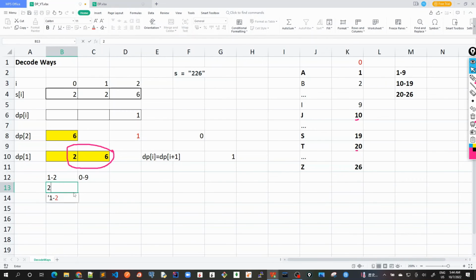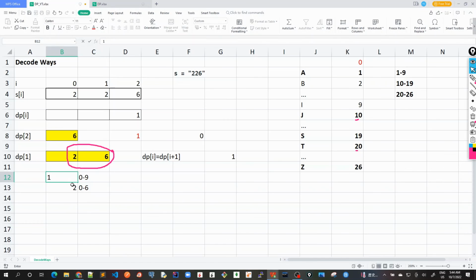And if it's 2, because the range is from 20 to 26, here the ones unit can be 0 to 6, right? If it's 7, 8, 9, then in those scenarios it will count as 0. There will be no ways. So we have to check these two conditions, whether it's 1 or 2.